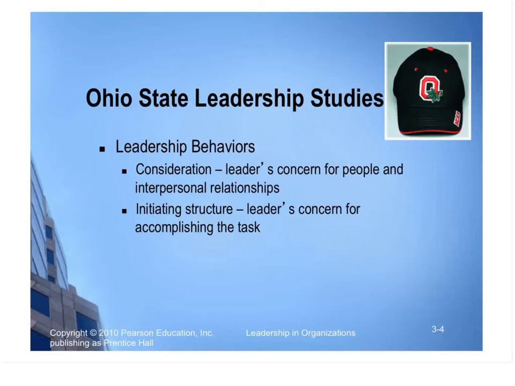Okay. So the leader's concern for people and interpersonal relationships has been put to question. They have been studying it in the Ohio State Leadership Studies, and then initiating structure, the leader's concern for accomplishing the task.